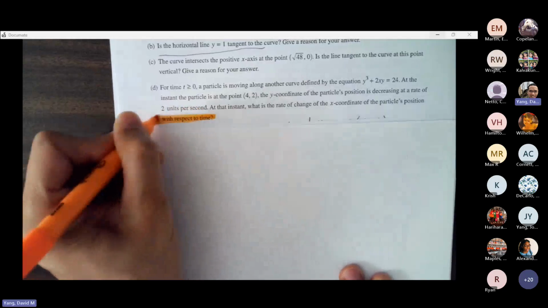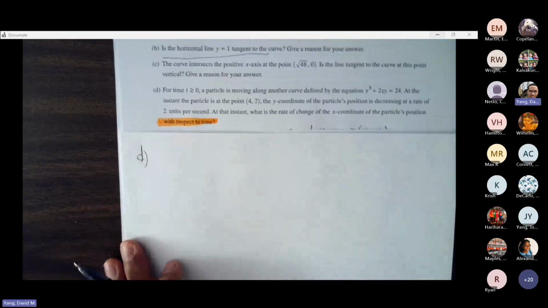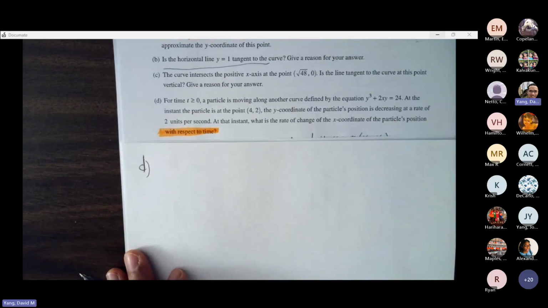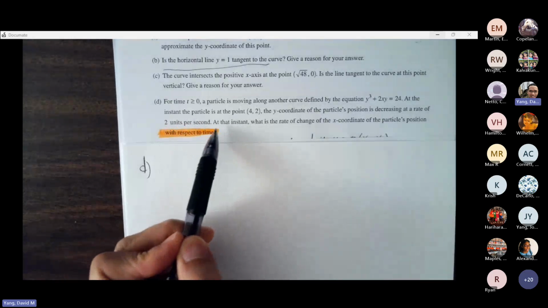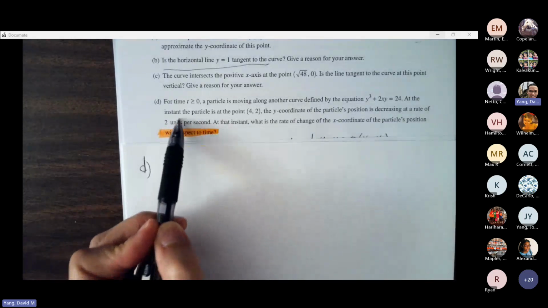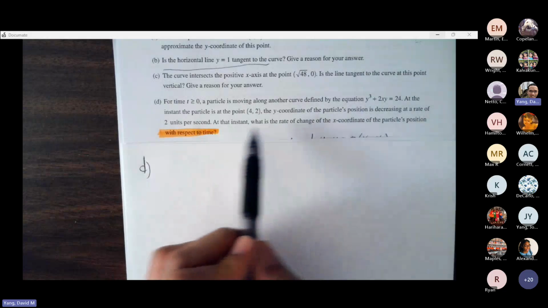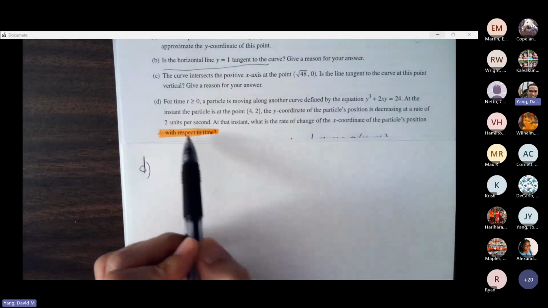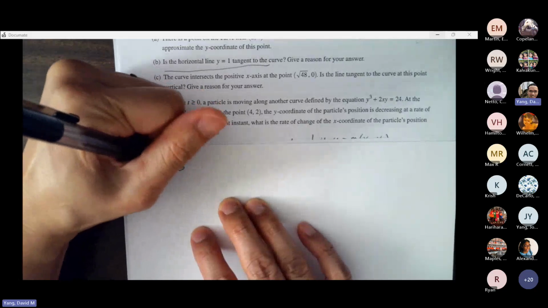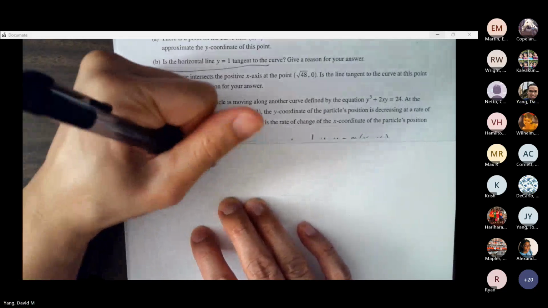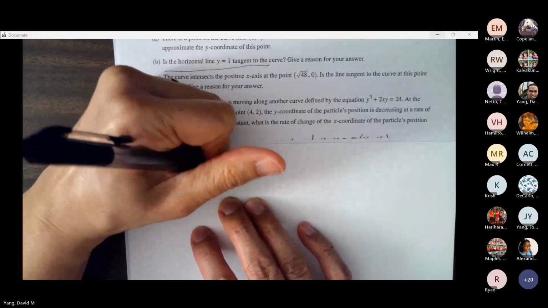That sometimes FRQs like to hide related rates inside a portion of your FRQ, and that's the hint. If they ask you for with respect to time and they're giving you a bunch of data about that derivative, then we should be thinking related rates as our setup.